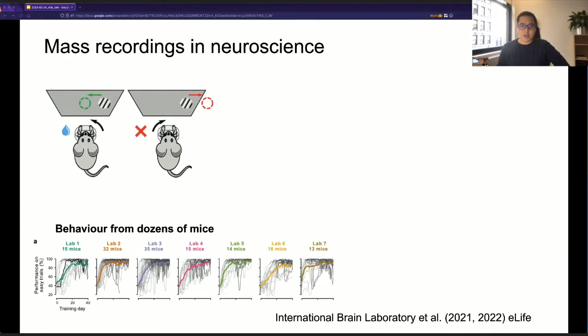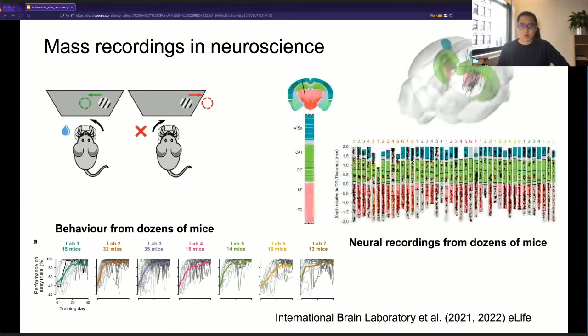Labs from around the world, from different institutions, trained dozens of mice to do this same standardized task. And they also recorded neural spiking activity from regions of the mouse brain involved with decision-making. The black lines in the brain at the top right show the probe trajectories, and colors denote brain regions, looks like visual cortex, hippocampus, and in pink, thalamus.